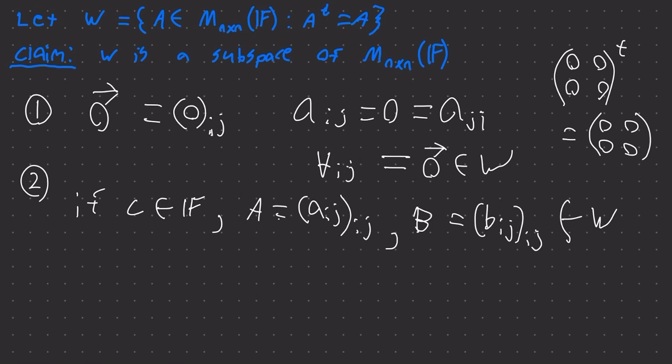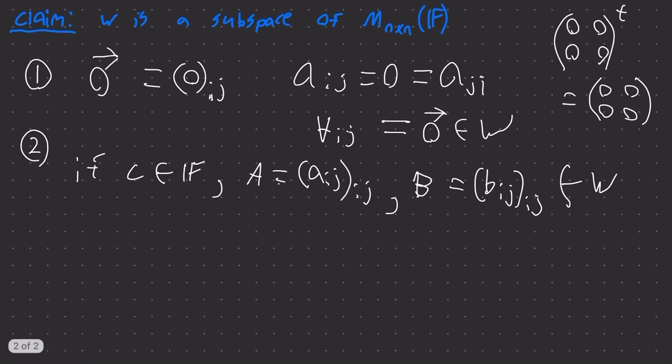Both of these matrices for the addition part have to already be elements of W. This is one of the most important factors, because if you add a matrix that's obviously not a part of W, then it can't contribute to checking if it's a subspace.